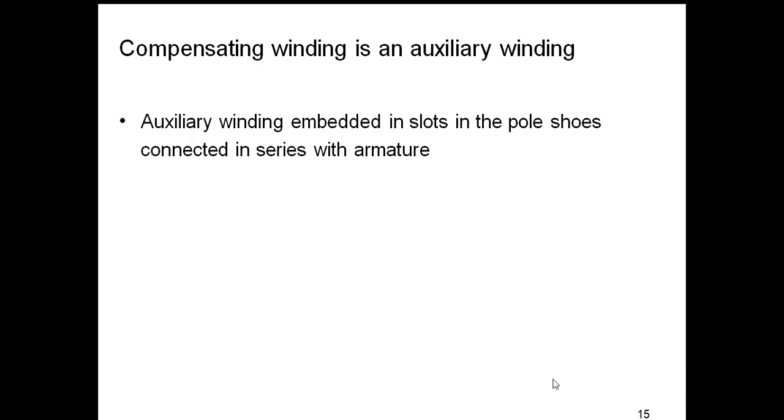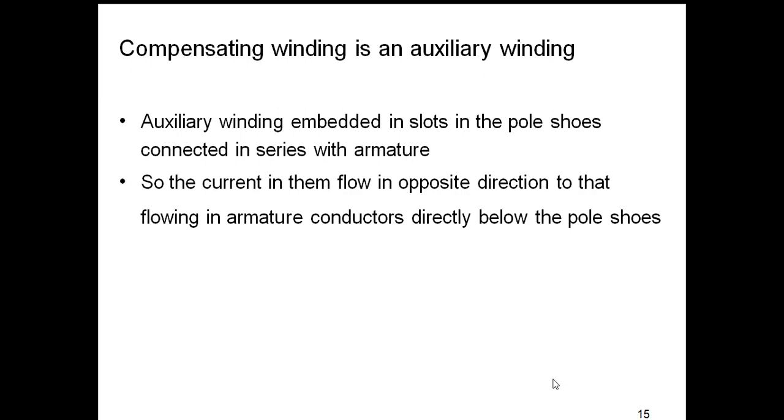Here, the compensating winding is nothing but an auxiliary winding, embedded in slots in the pole shoe and connected in series with the armature.